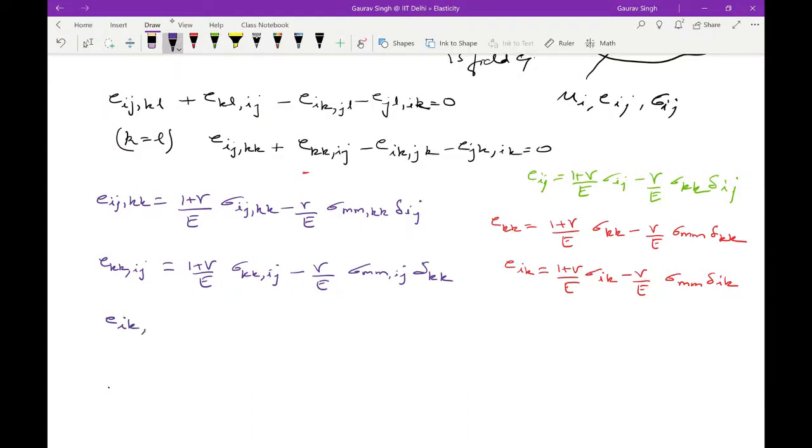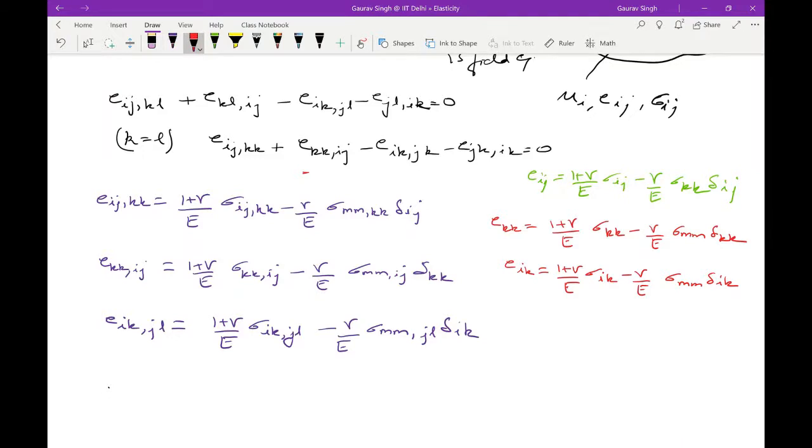Then Eik,jl is (1 plus nu) by E sigma ik,jl minus nu by E sigma mm,jl delta ik.